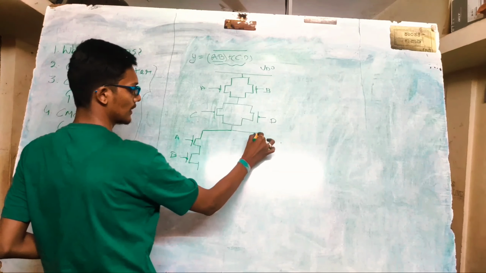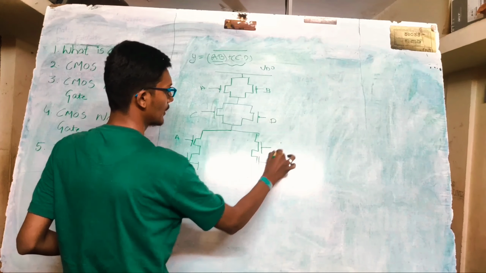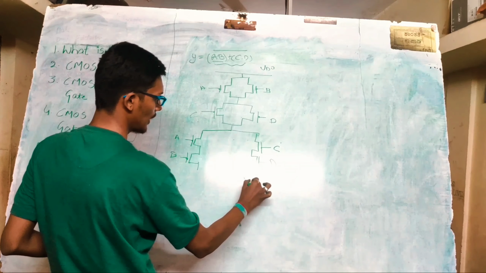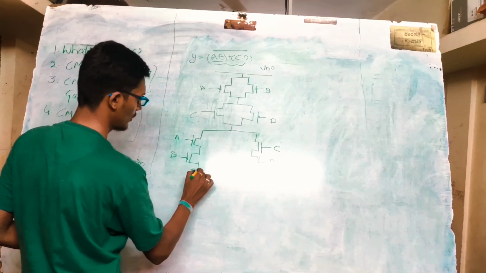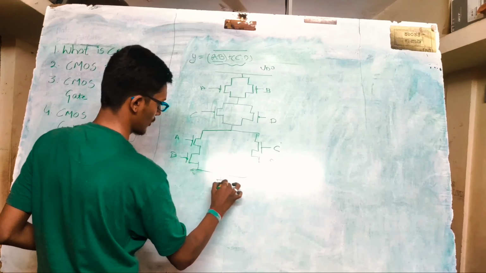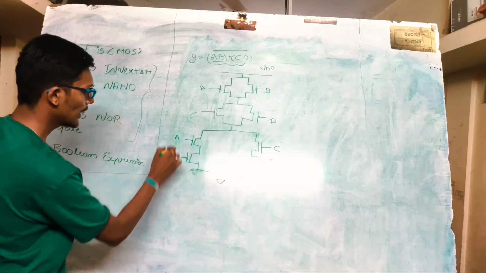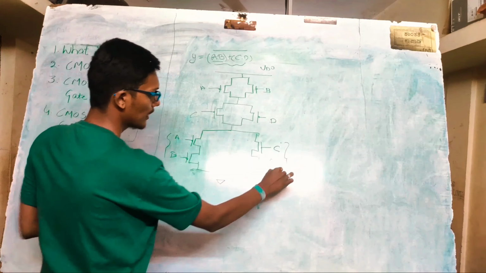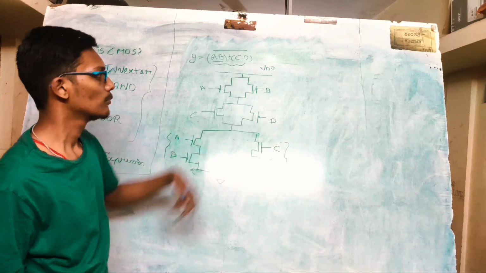These two should be in series. This is series. This is C, this is D, and these are grounded. So we'll take a common terminal to show the parallel connection. So see, A and B are in series, and C and D are in series, but AB and CD are in parallel. It is complemented. So this is the circuit for the given Boolean expression.